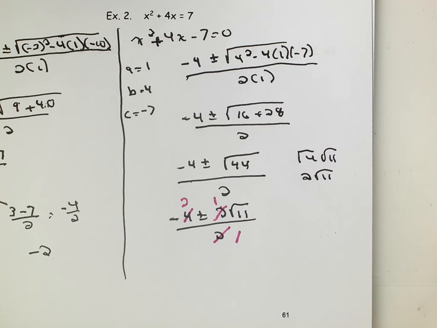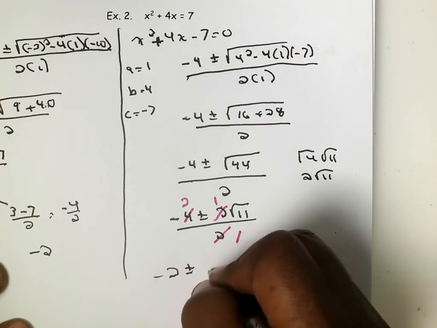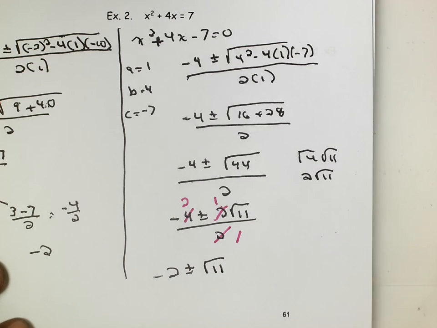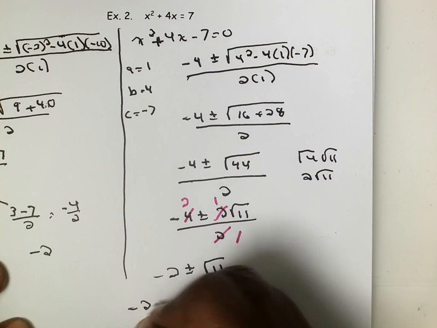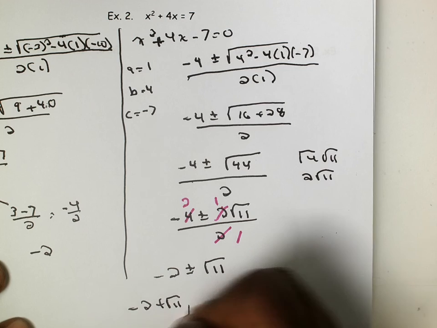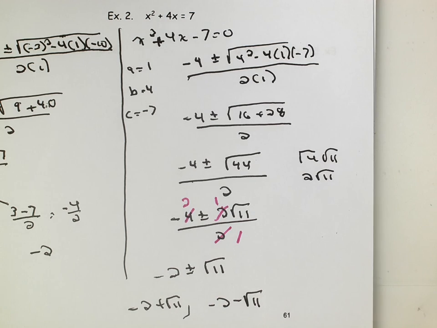So my final answer is negative 2 plus or minus the square root of 11. Because that became a 1 and that became a 1 down there. And if you want to write it as two separate answers, it's negative 2 plus the square root of 11 and negative 2 minus the square root of 11.